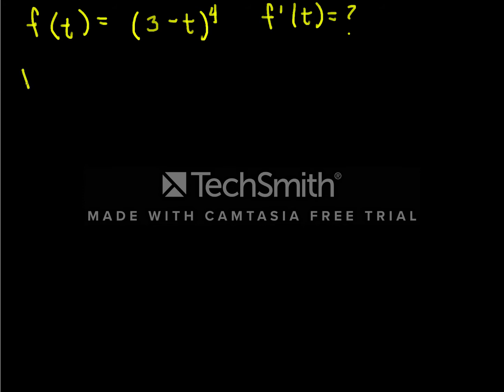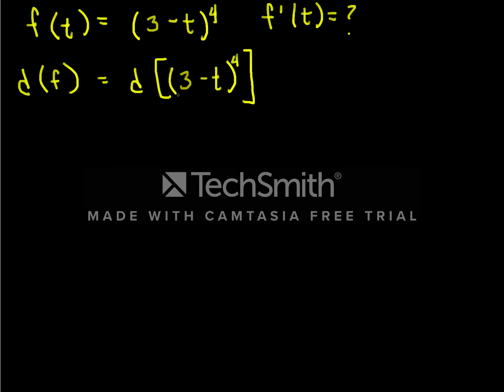So the differential of f is equal to the differential of 3 minus t to the 4th power. So again, as in the previous example, we need to investigate this and think about what is going on here.